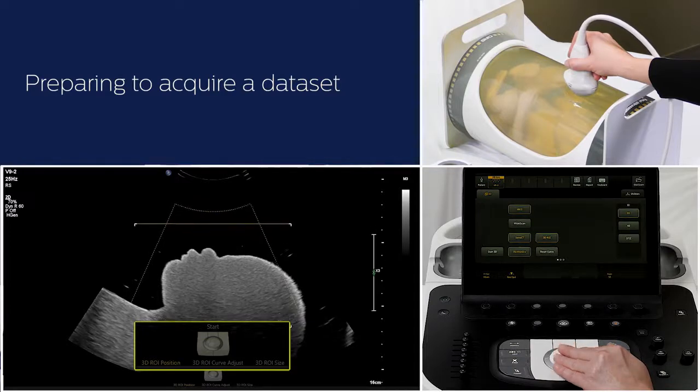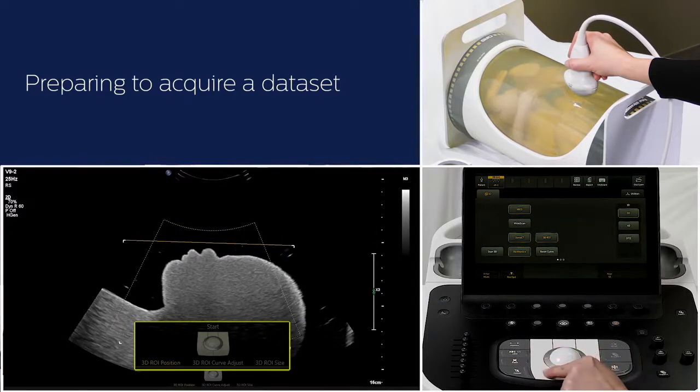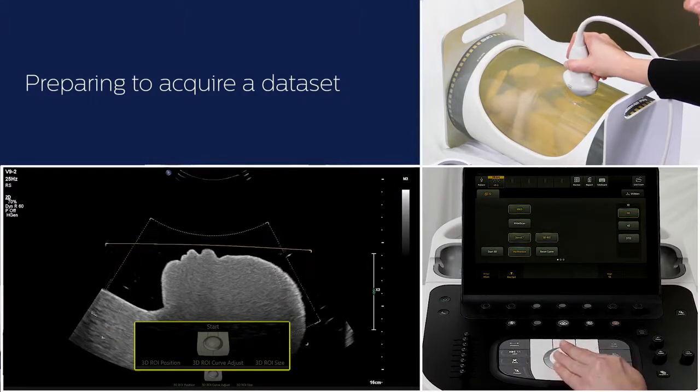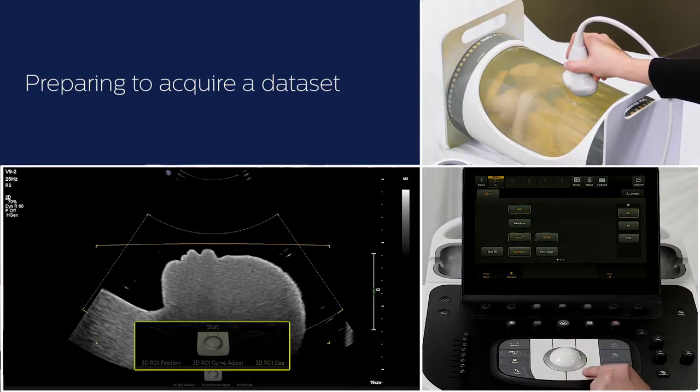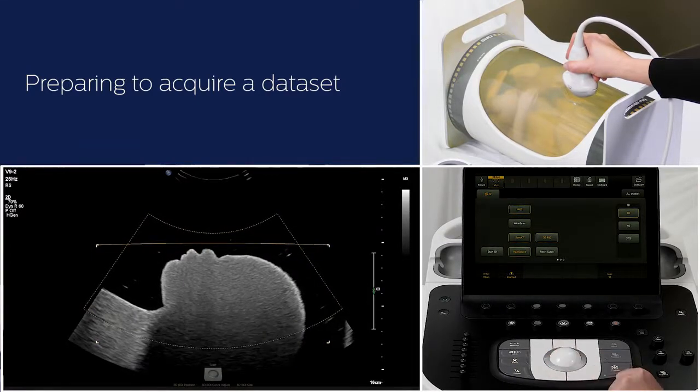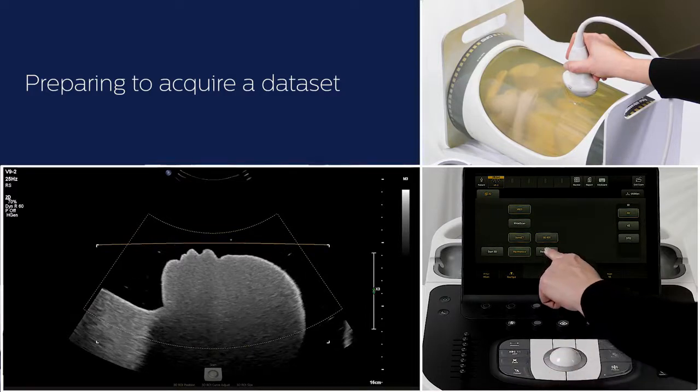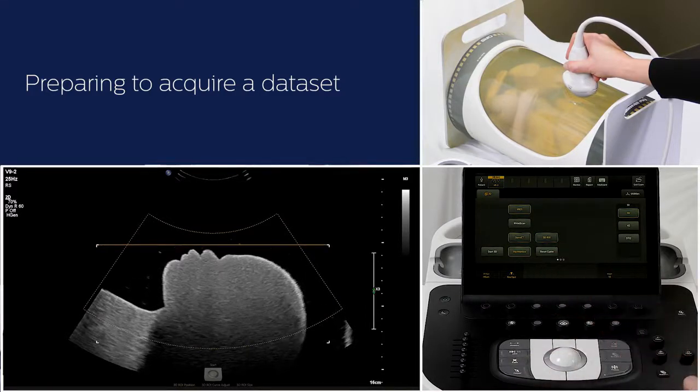By pressing the buttons on the left and right of the trackball, you can go through these options and change the position, curve the volume view line, and change the size of your ROI box. Press Reset Curve to return the volume view line to a straight line if needed. Make sure to include all anatomy needed inside the box.